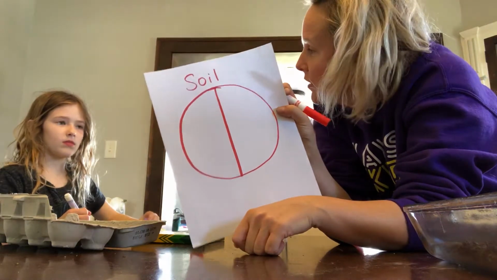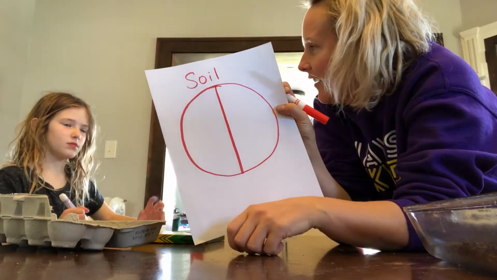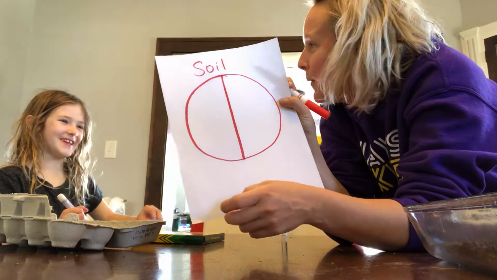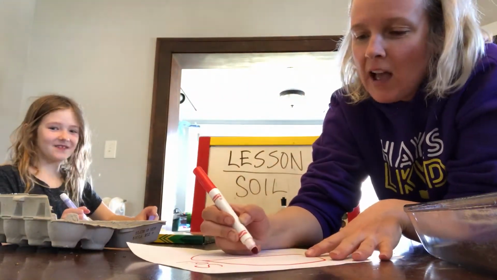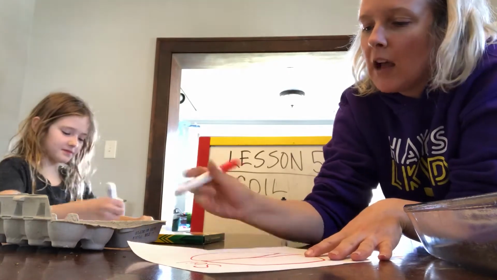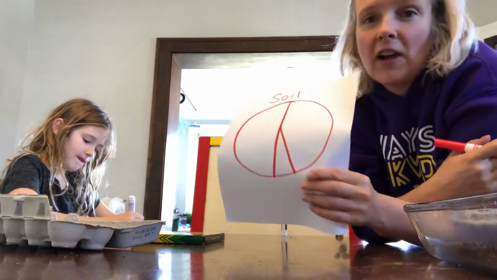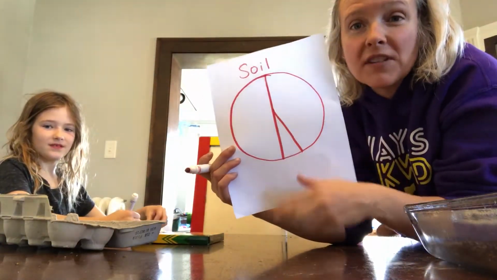What kind of things do you think soil is made up of? What do you think? Worm poop. Worm poop is really important. So you're right. What we're going to do is we're going to make a little line. It doesn't have to be perfect, like that. Yep, you got it. We'll start with the worm poop. That is just 5% of soil.